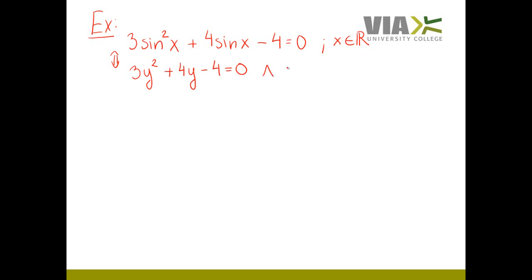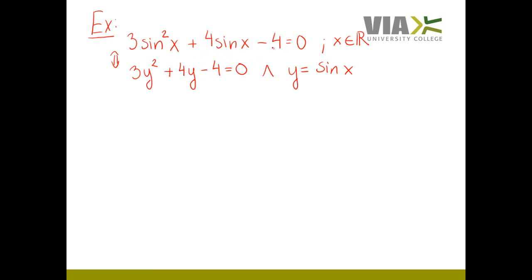And that's okay if I at the same time state that y is equal to sine x. So if y is equal to sine x, then 3y squared must be the same as 3 sine squared x, plus 4y must be the same as plus 4 times sine x, minus 4 equals 0.